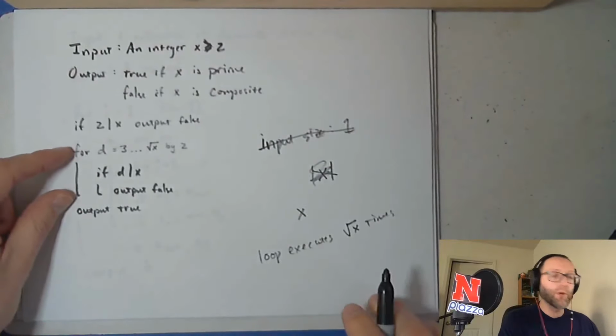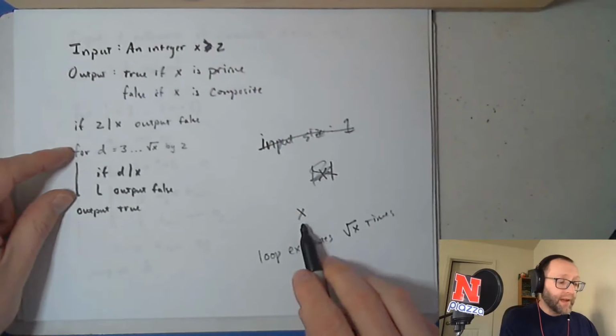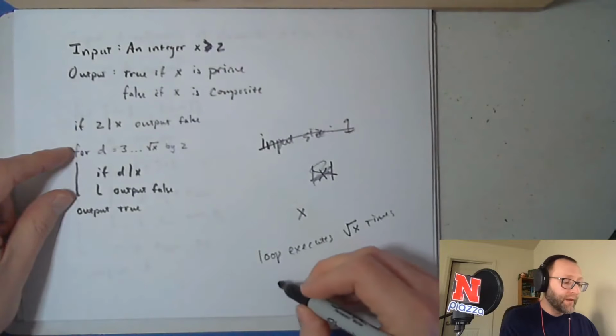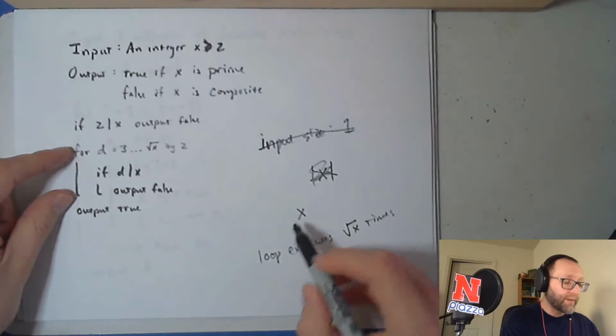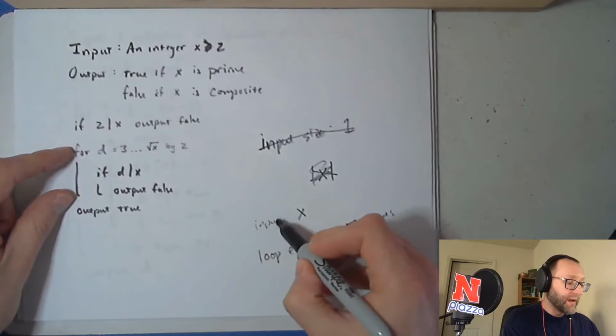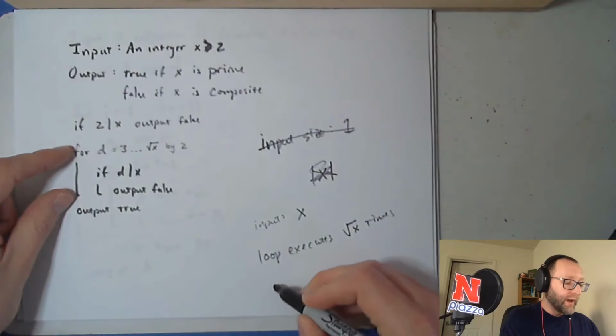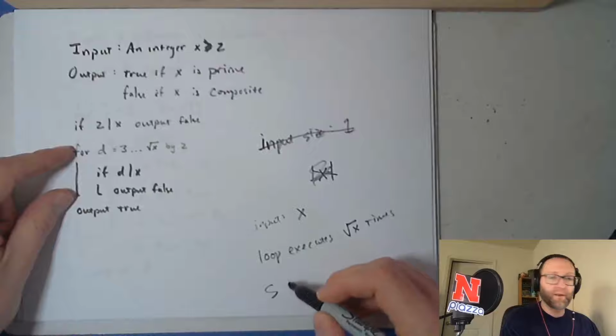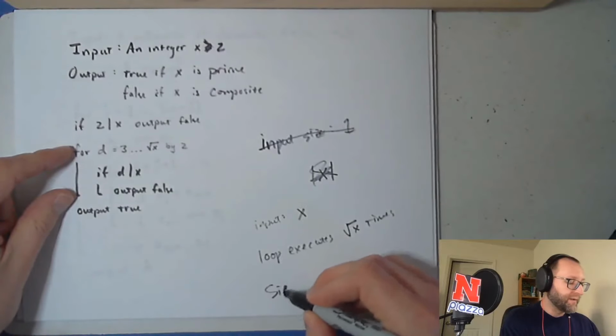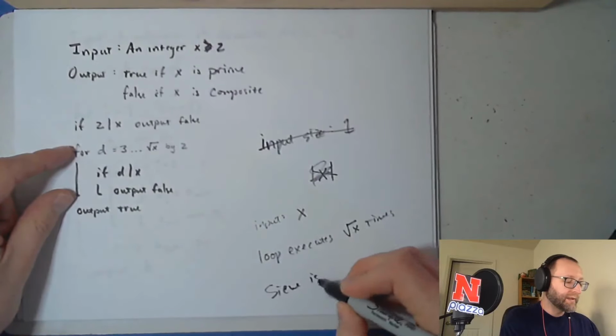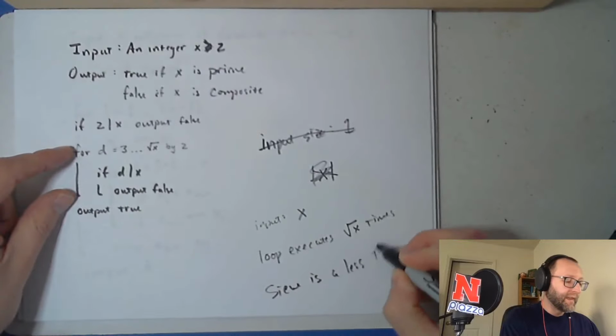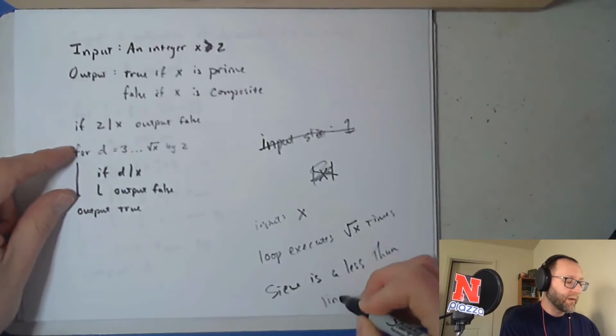That is actually true. But if that's my input size, then I would come to the conclusion that the sieve of Eratosthenes is a less than linear algorithm.